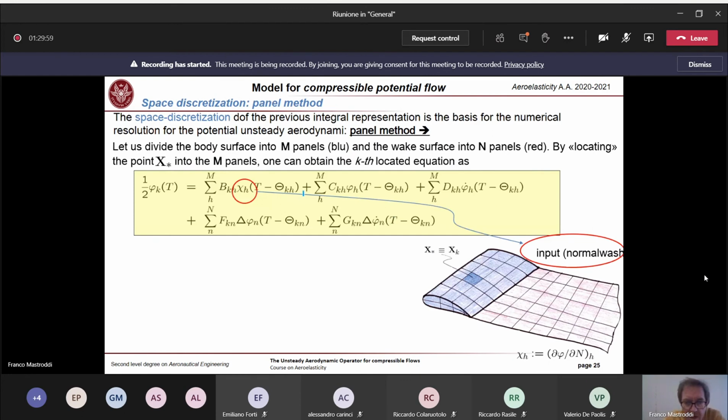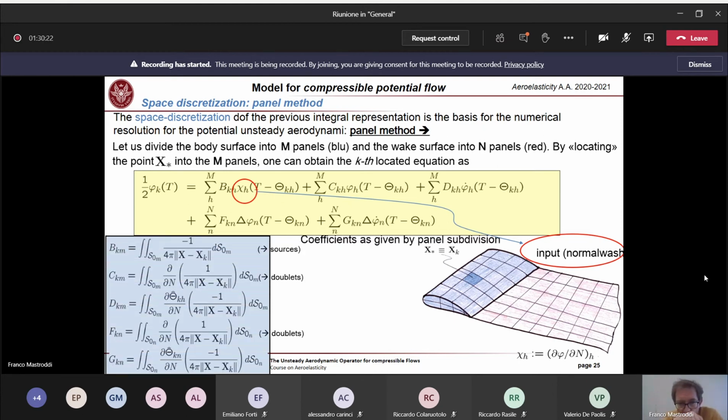Yes, k is the index of the receiving point, and h is the generic point of the current panel. So we have an amount of compressibility delay to be evaluated, but all known on the basis of the geometry of the solution.